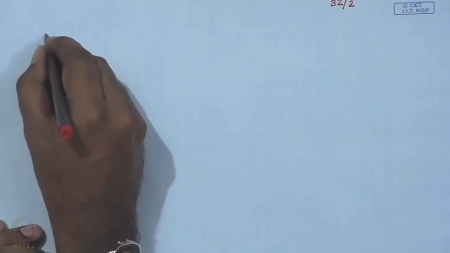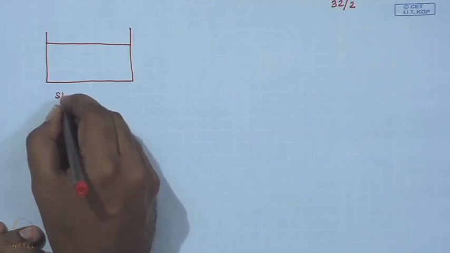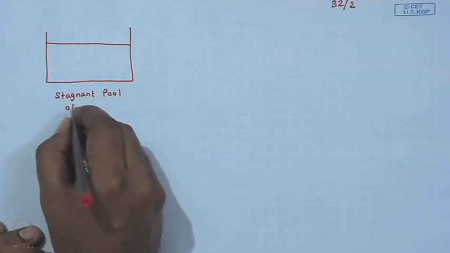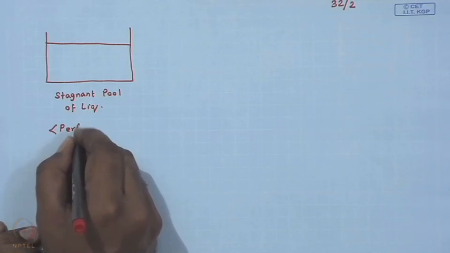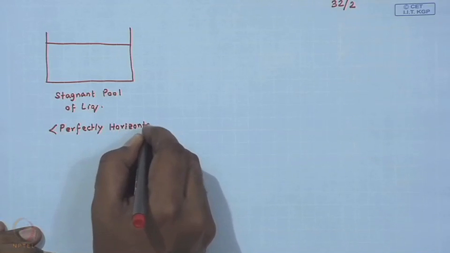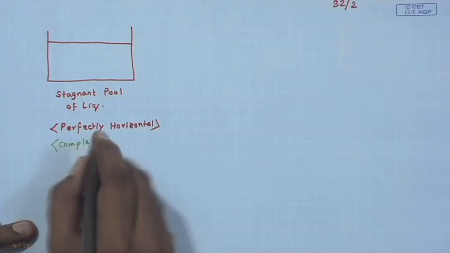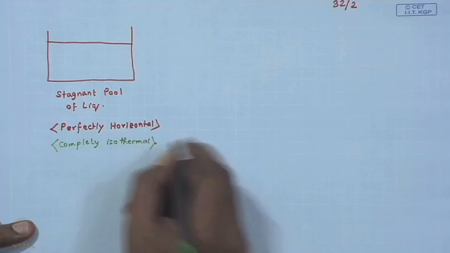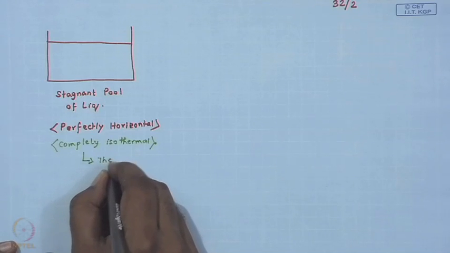So, you have a stagnant pool of liquid, the surface is perfectly horizontal, it is completely isothermal. So, this statement implies that there is no natural convection.